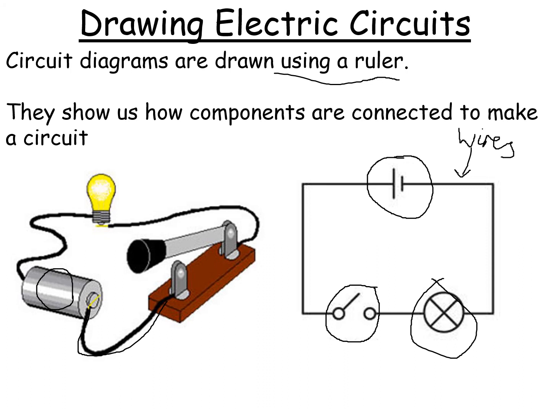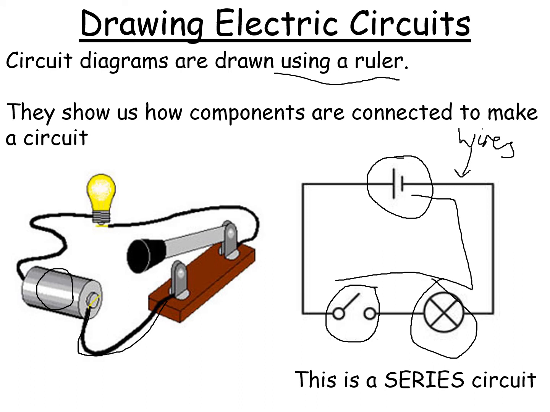So that's how we draw our circuit diagrams. And this type of circuit is called a series circuit because all the components are connected one after another like this. Okay, we'll look at series circuits in more detail later on, but for just now, make sure you understand how to draw these circuits.